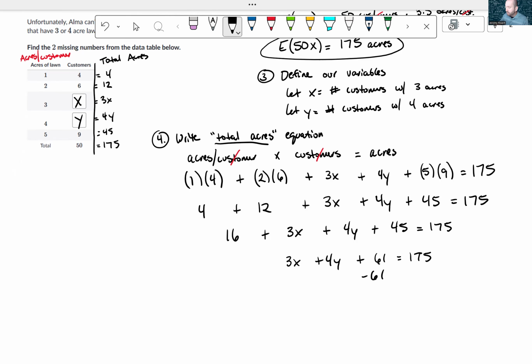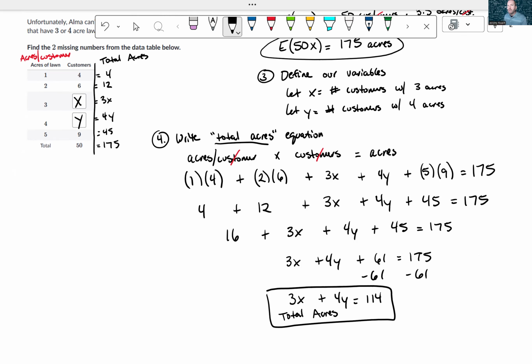I'm going to subtract 61 from both sides, and we get 3x plus 4y equals 114. And this is our total acres equation. Okay, we're going to hang on to that equation, and we're going to build a second equation for total customers.